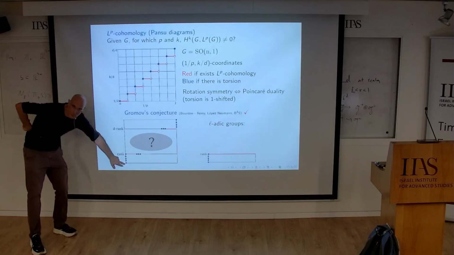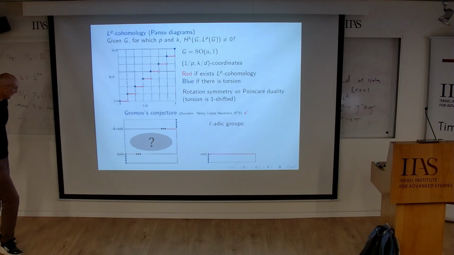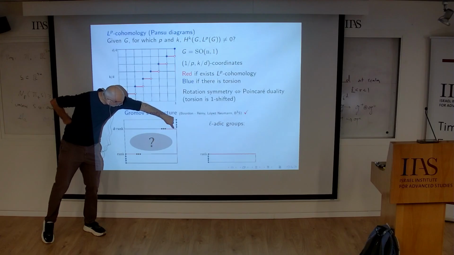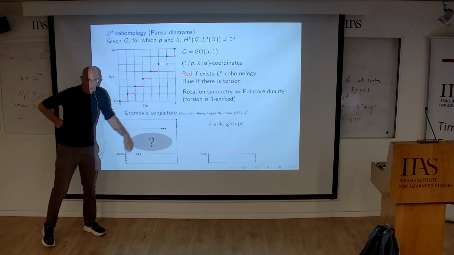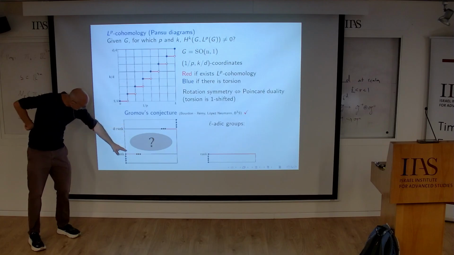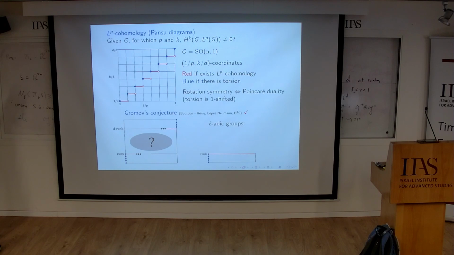Remember that this is p equals infinity, so these are large L^p. And here is a similar picture when p approaches 1, a dual picture. And then for p large enough, we will not have any cohomology again, in degrees higher than the rank.